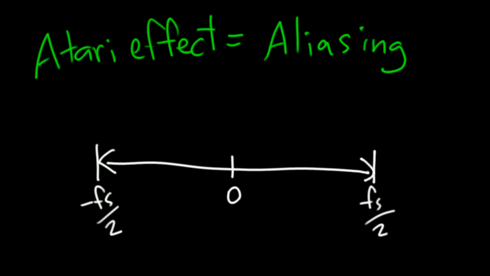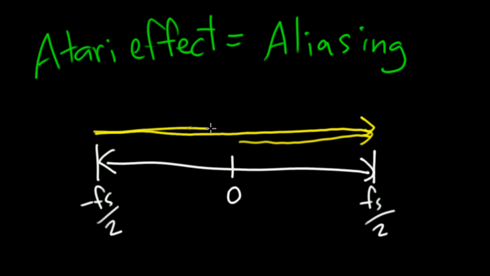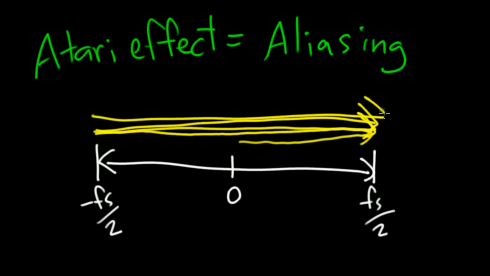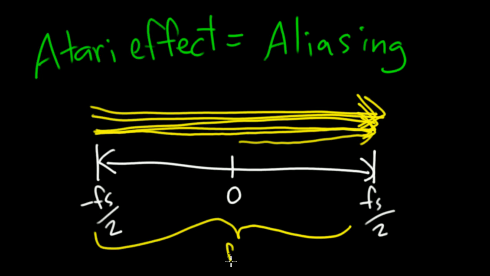If we keep increasing the frequency, for example, we'll see a spike that moves this way and then wraps around to this side, and we keep increasing the frequency, and it wraps around again, and we can keep increasing the frequency infinitely. And no matter how high a frequency we go to, it will always be represented in some way in our little bandwidth here. And this bandwidth is, in fact, our sample rate. Notice that the bandwidth is always equal to the sample rate. And this is one way to state the sampling theorem.